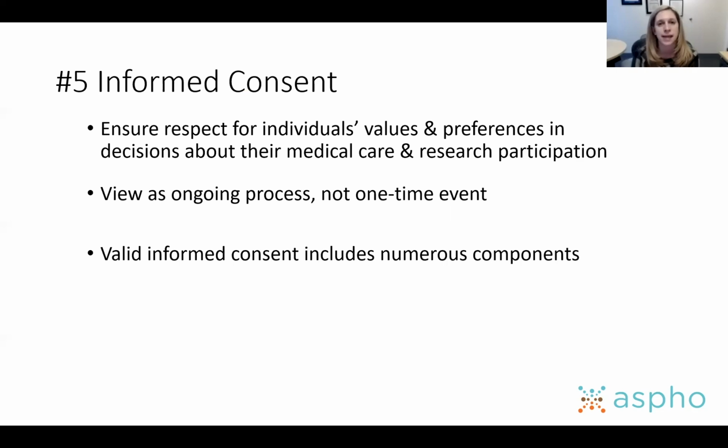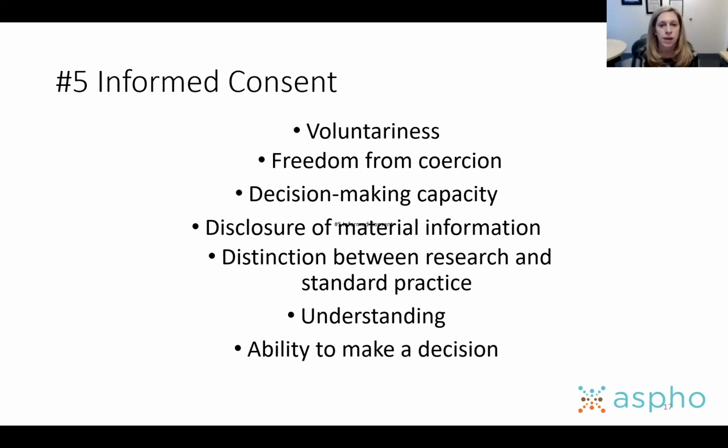And valid informed consent includes numerous components. These are the core components of informed consent: voluntariness, freedom from coercion, so the individual can make the decision without fear of harm; that the individual has adequate decision-making capacity; that essential information has been disclosed to the individual to facilitate making a decision; that a distinction has been drawn between what will happen in research as compared to what would happen under more standard non-research conditions.